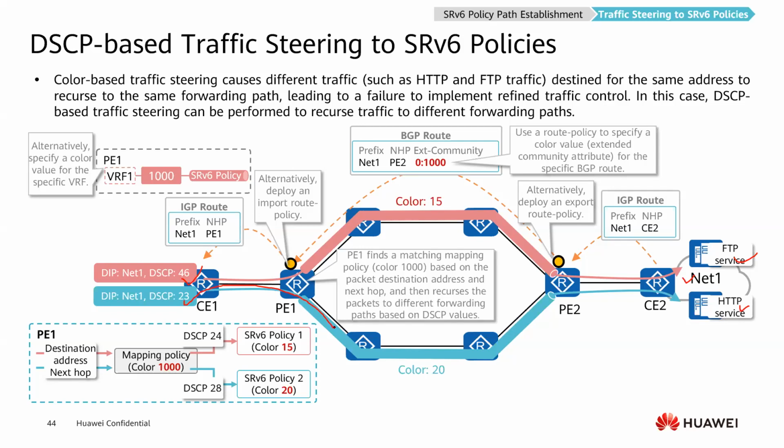It works this way. First, we need something called the mapping policy. The mapping policy means different DSCP values will be steered into different SRv6 policies. This is what we call the mapping policy. And this mapping policy has a color.